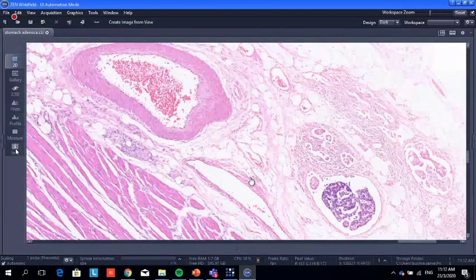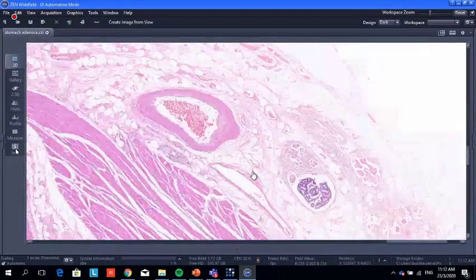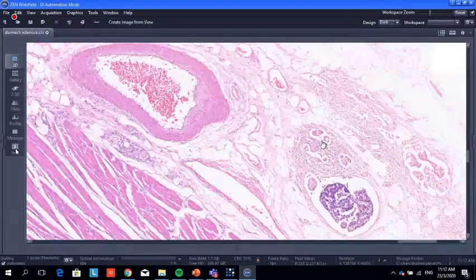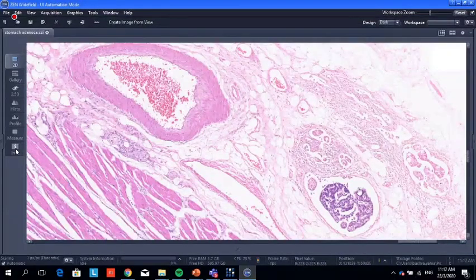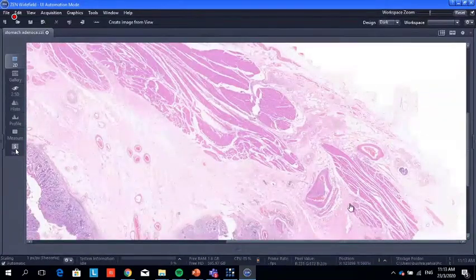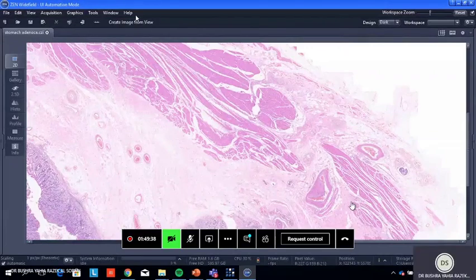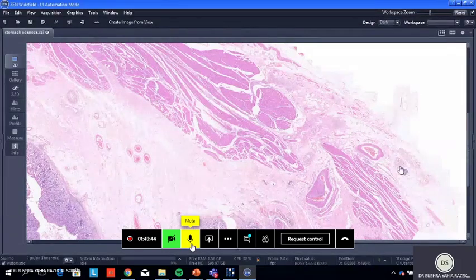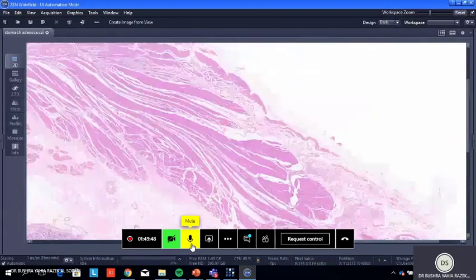So which staging is this? Here you can see the tumor within the lymphatic. Can you see this is the lymphatic channel? So which staging, Dukes stage A or B or C? C, because we already have lymphatic invasion.